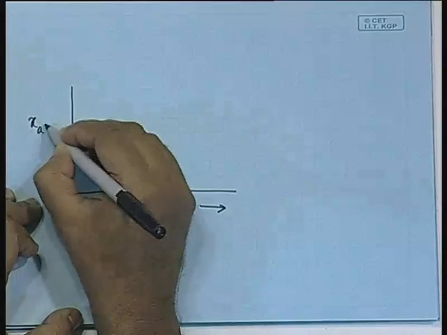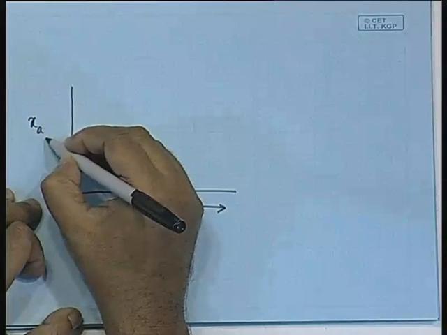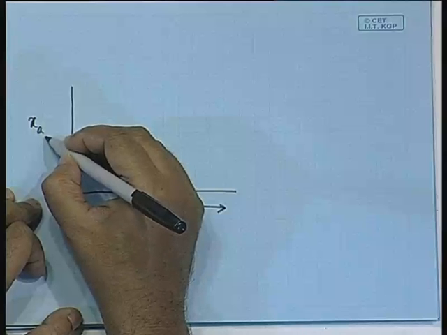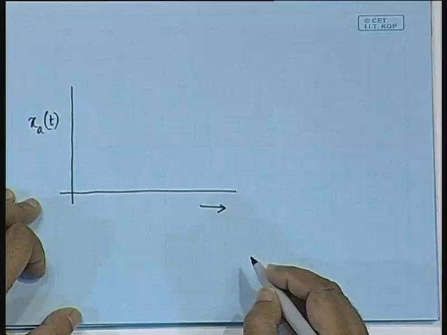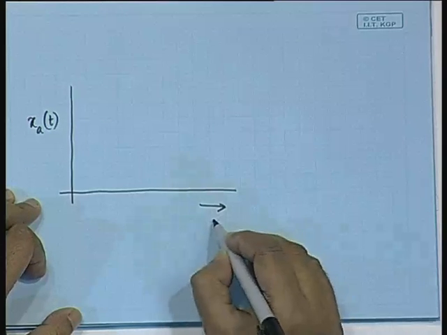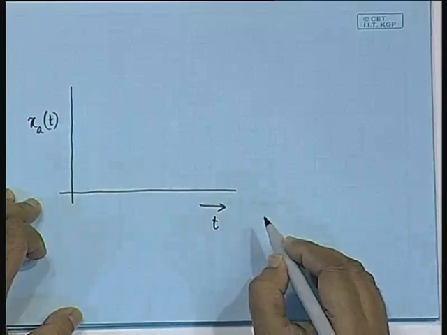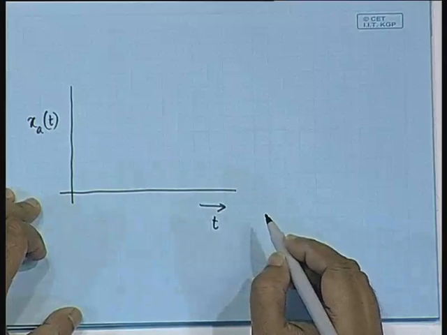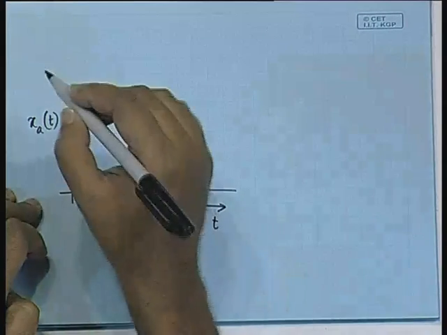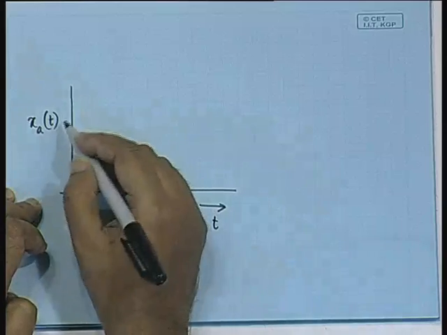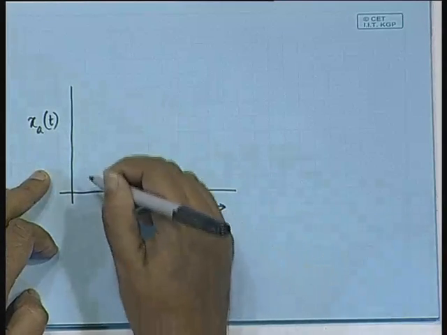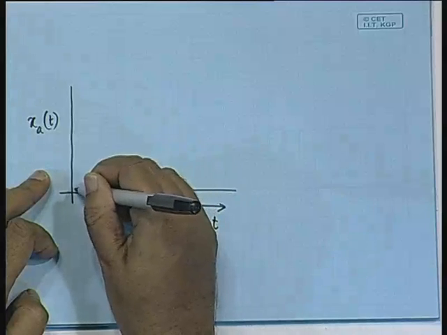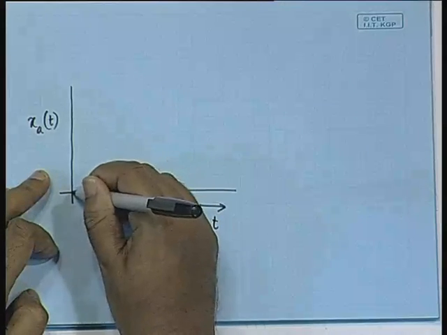Let us write it as x subscript a, to indicate that it is analog, as a function of t. t is plotted on the horizontal axis and the vertical axis indicates the value of x a of t. And let us say that x a of t varies something like this.